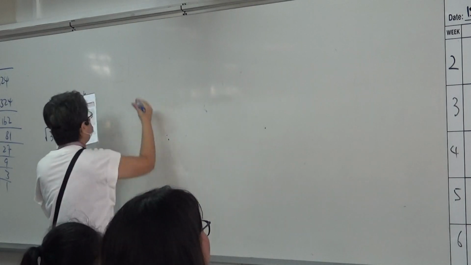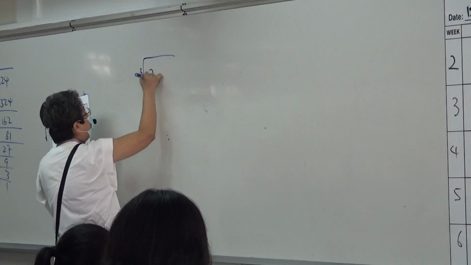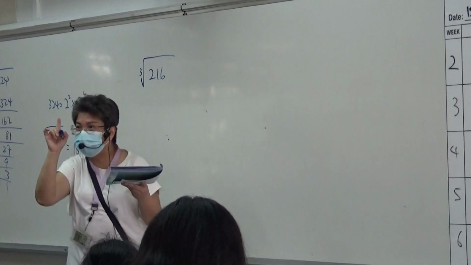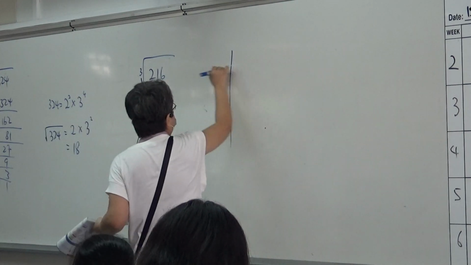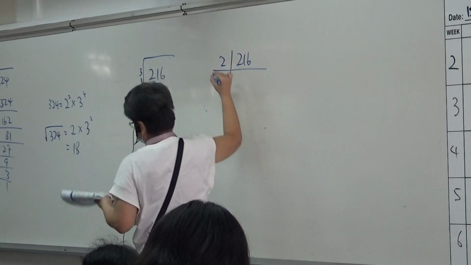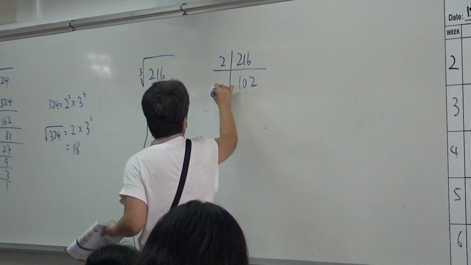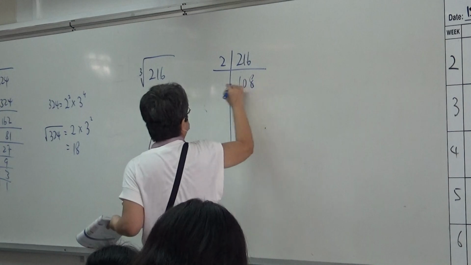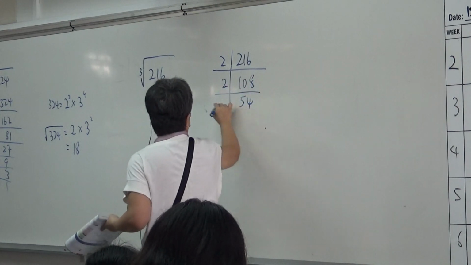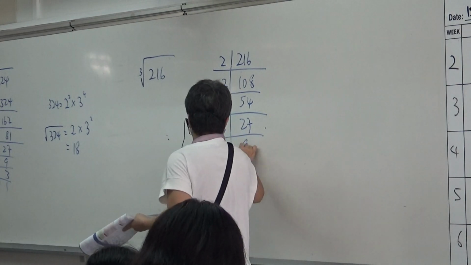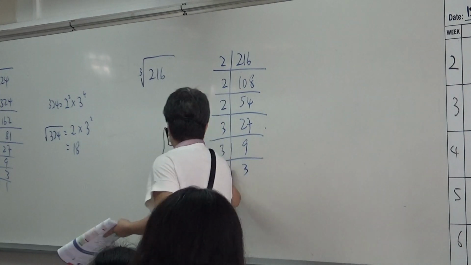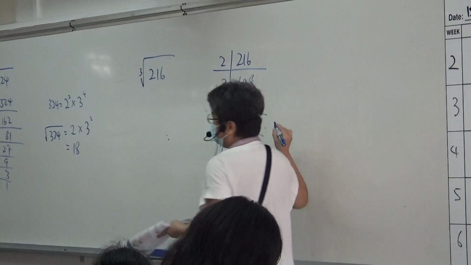Now all of you look up. Cube root is written with a little 3 there, can you see? Okay? Alright, good. Now I'll do the prime factorization. 216: 2, 108; 2, 54; 2, 27; 3, 9; 3, 3; 3, 1.